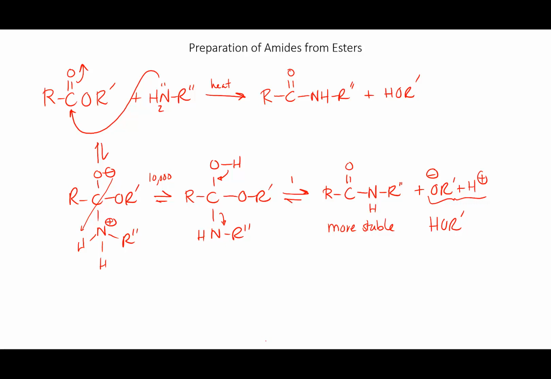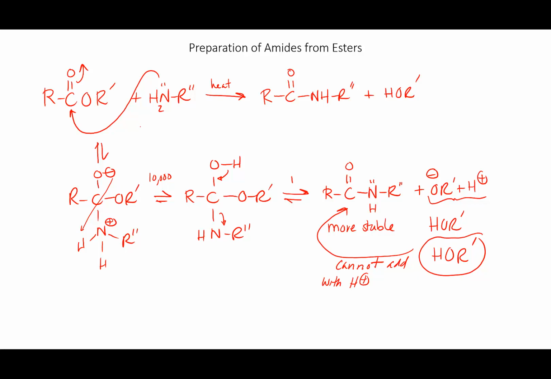And the other issue here is the following. Once I form this alcohol, without acid present, it cannot add to that carbonyl. It cannot add without H+, and there is no H+ present here.